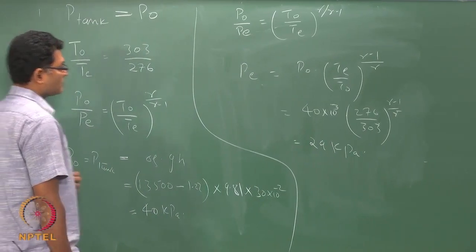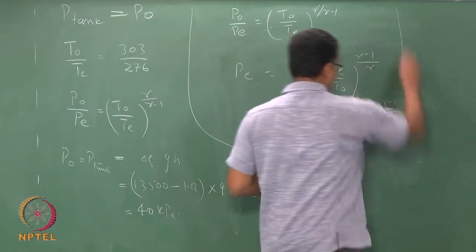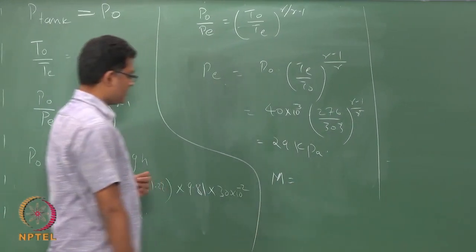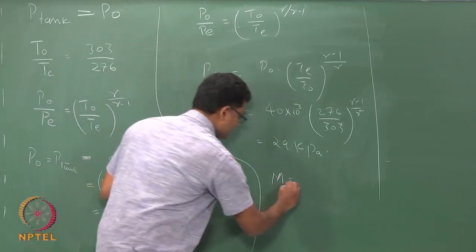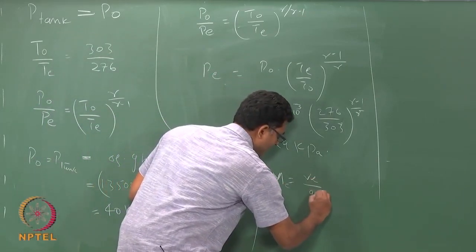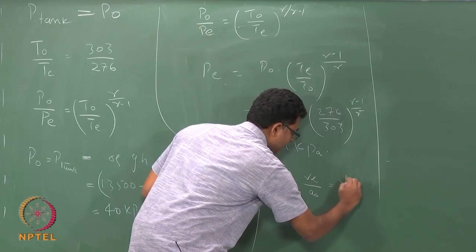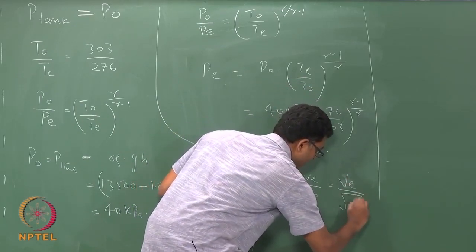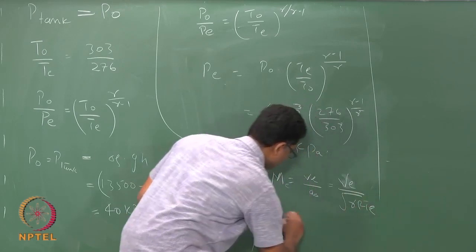Since we already know the temperature, it is easy to find the Mach number at the exit, which is V exit by the root of gamma R T exit.